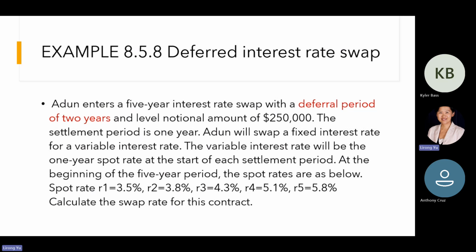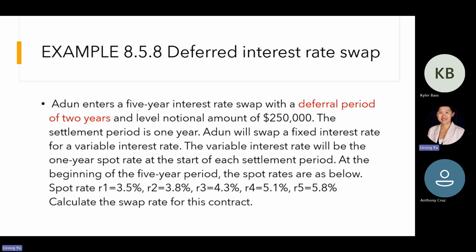The variable interest rate will be the 1-year spot rate at the start of each settlement period. It's kind of similar to the previous example. At the beginning of the 5-year period, the spot rates are as below: R1, R2, R3, R4, and R5. These are all the spot rates. Calculate the swap rate for this contract.